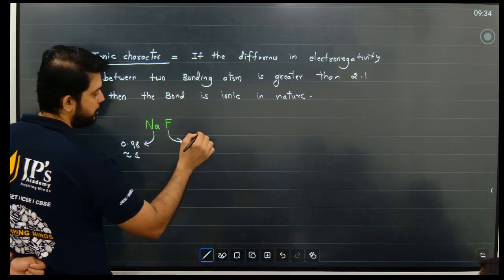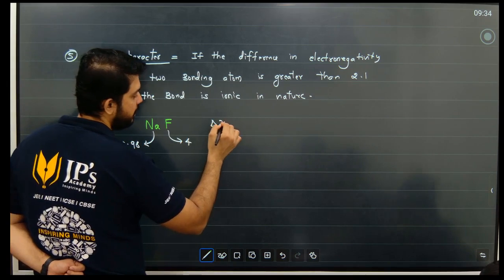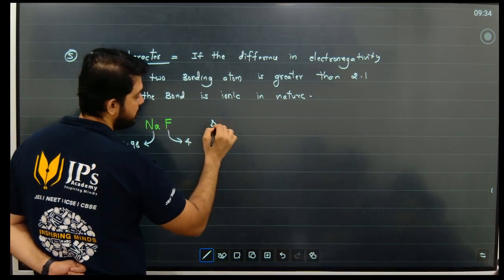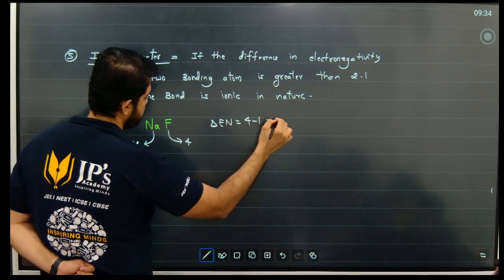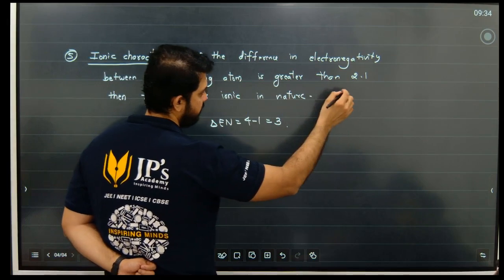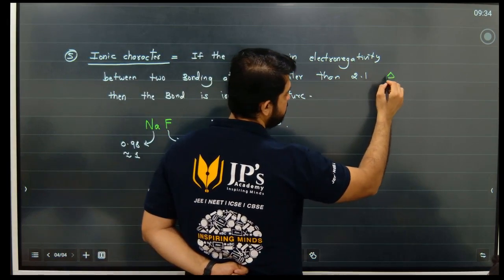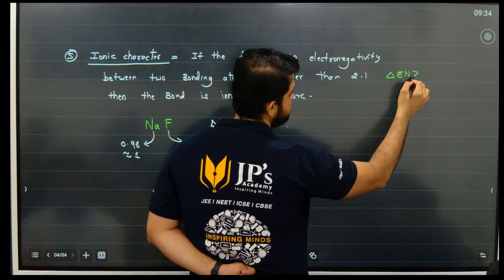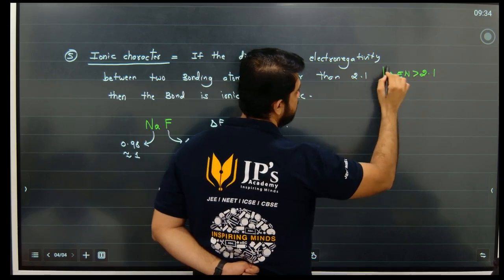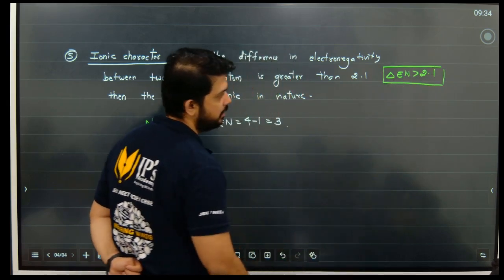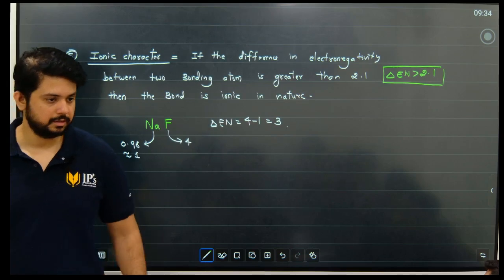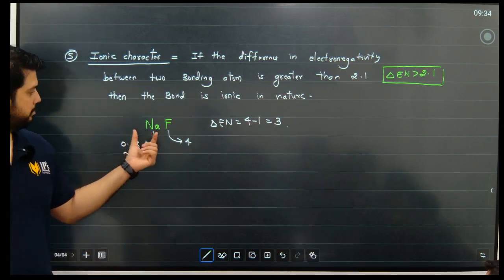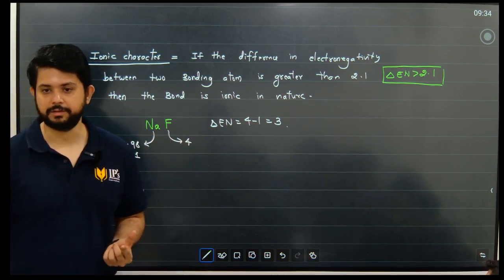So what is the difference in electronegativity? ऐसे लिखता हूँ delta En 4 minus 1, that is, so if the electronegativity difference is greater than 2.1, we will say that the bond is ionic.